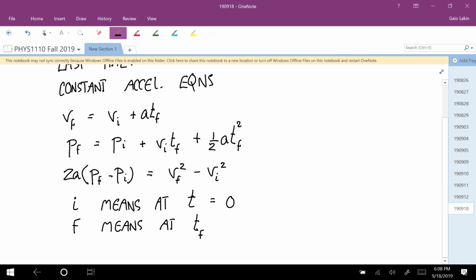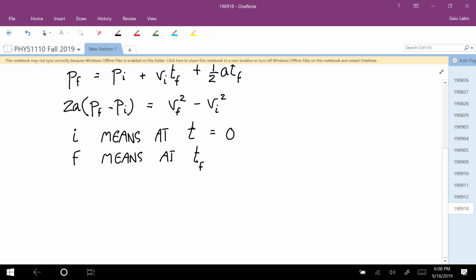And I did one simple example problem, but I haven't gone through a set of steps for using these yet. So I'm going to start today by just going through a set of steps. I would recommend that at first, when you first start using this stuff, that you follow the steps pretty carefully. Once you get used to it, once you've done a lot of problems like this, you'll probably end up taking sort of shortcuts. But for now, I think this is a good way to make sure you don't skip anything.